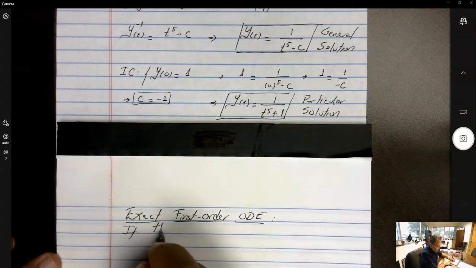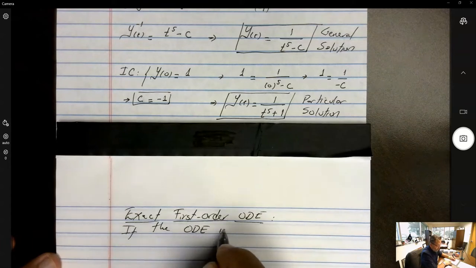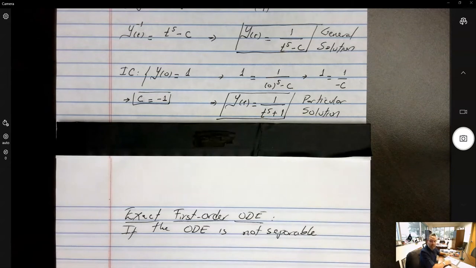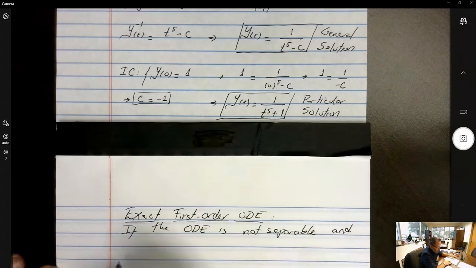If the ODE is not separable, so the first thing you'll check is if the equation is separable. And if it's not, then let's write it.